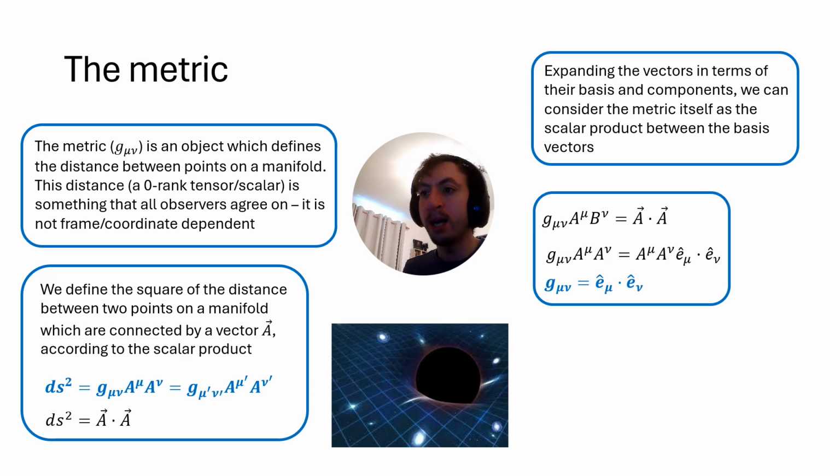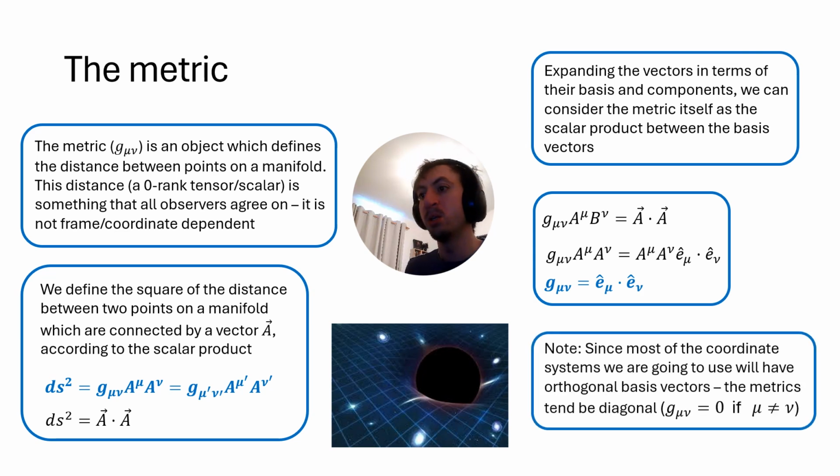And this allows us to very quickly, for fairly simple representations of the metric, because most of the time, and I think probably for everything we'll be dealing with, we'll be dealing with coordinate systems where the basis vectors are orthogonal.